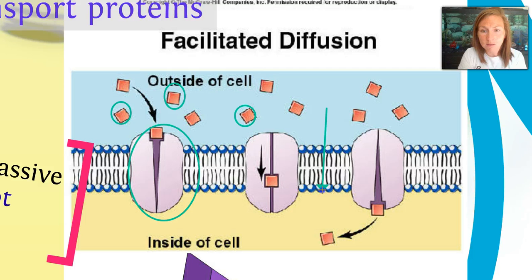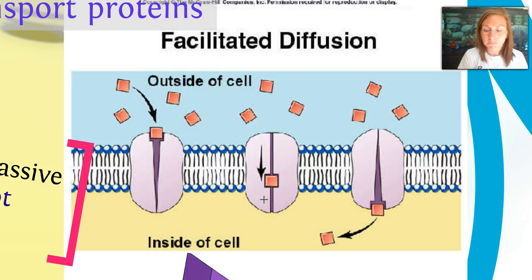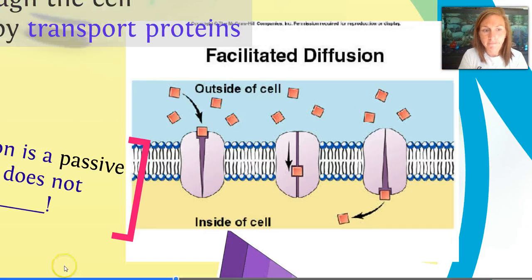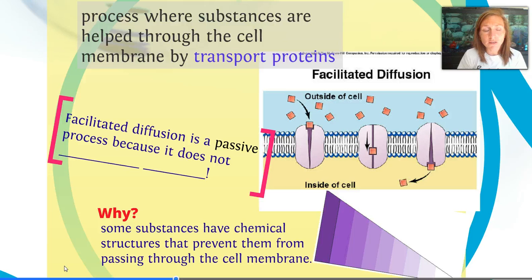Because these substances cannot go straight through the membrane like other substances can, the protein will provide that passageway, as you see here, to allow it into the cell. So facilitated diffusion is a passive process because it does not require energy. Those are the blanks that you're going to fill in there.